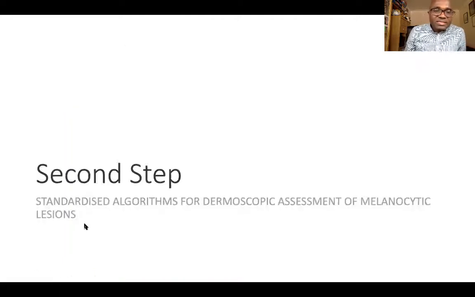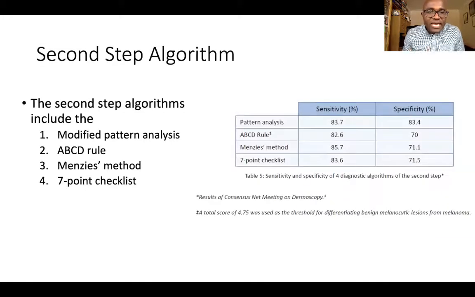In the second step, you are using standardized algorithms for dermoscopic assessment specifically for melanocytic lesions. And there are various algorithms or various tools in the second step that you can use.